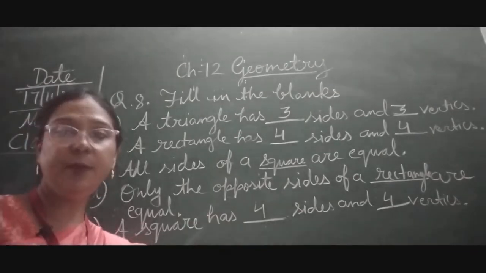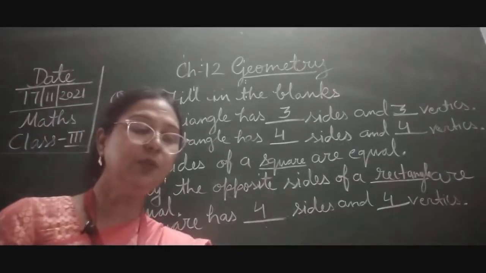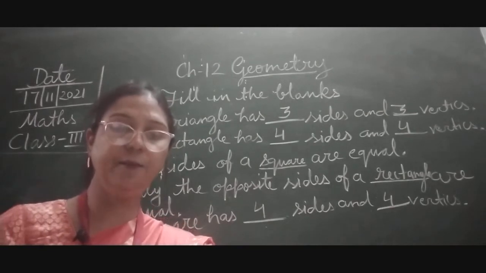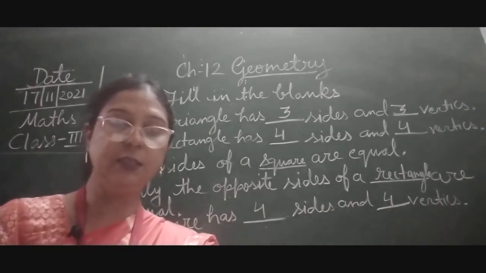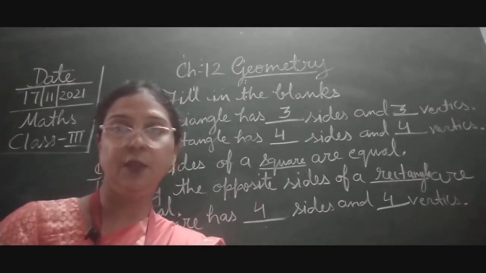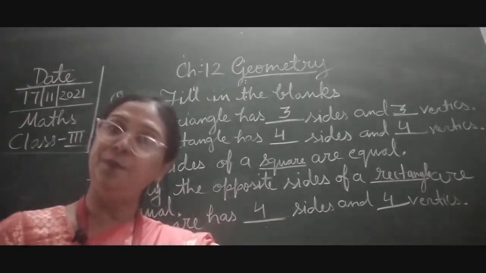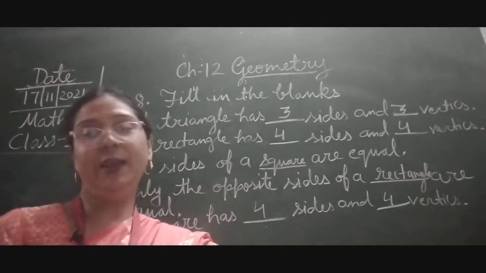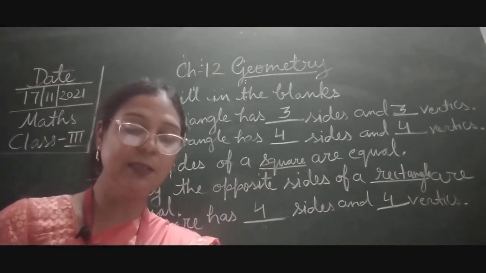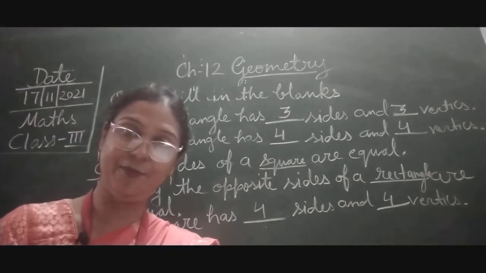Now question number 9 depends on an activity. Use a piece of paper and by folding it, draw shapes which represent a square, a rectangle and a triangle. So this is an activity, you just fold it and draw or make a shape. Okay children. This question you will do by yourself.